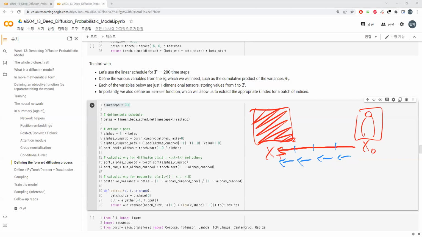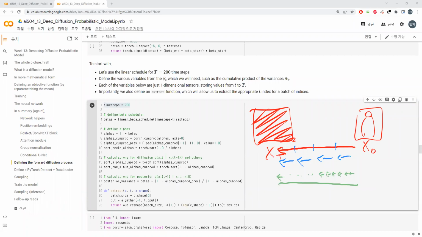But if you increase the time step, then the model can easily learn the reverse process by splitting the whole trajectory into many bunches of time steps.